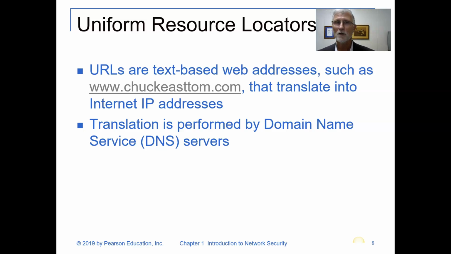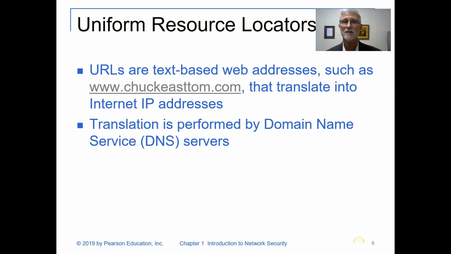Now, a URL. A URL is basically just a text-based web address. You know, he mentioned the author's website. But what has to happen to be transmitted in a network, it can't be text. It's got to be a binary address.